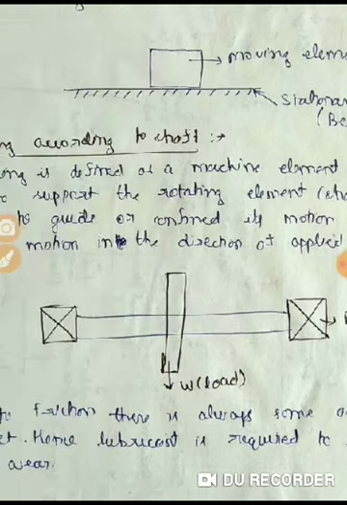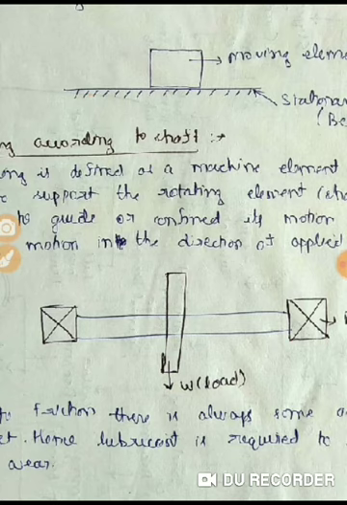Here you can see the load W is acting on the shaft in the downward direction because of the weight, and this load W can be a pulley, gear, or other types of mountings that are mounted on the shaft.